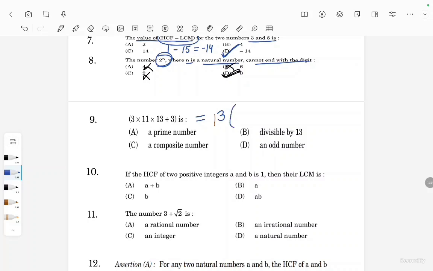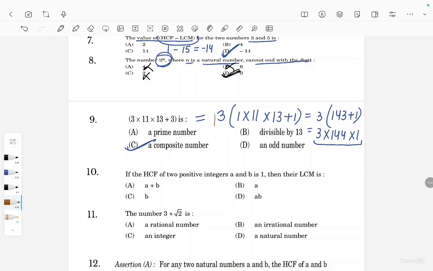Take the 3 common. 1 into 11 into 13 plus 1. What will we get? 3, 13 into 11, that will be 143 plus 1. 3 into 144 into 1. So there are more than 2 factors, so it is a composite number. Option C is our answer.